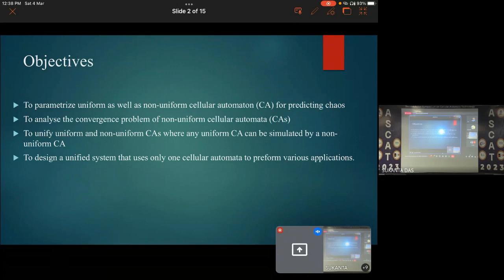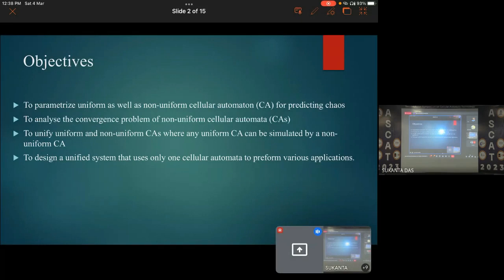That is, we have dealt with the chaos of cellular automata. We have tried to parameterize uniform as well as non-uniform cellular automata for predicting chaos. Why do we need to predict chaos? Because determining chaos is actually an undecidable problem. Therefore, there is no mathematical calculation or function that will definitely tell, given a system, whether the system will exhibit chaotic behavior or not.